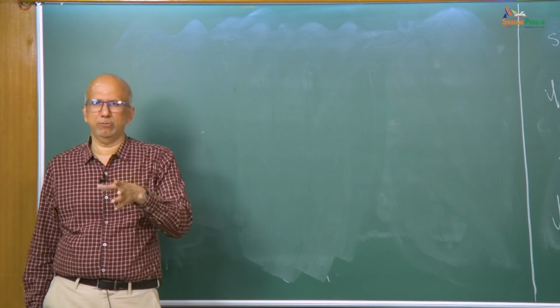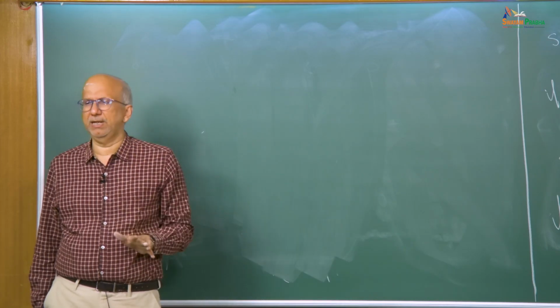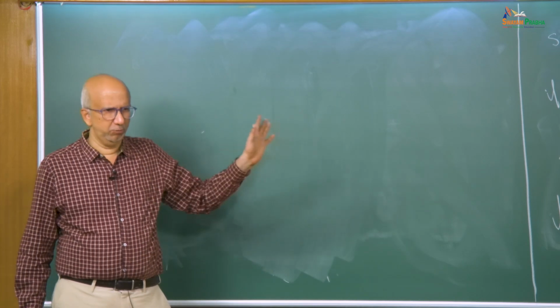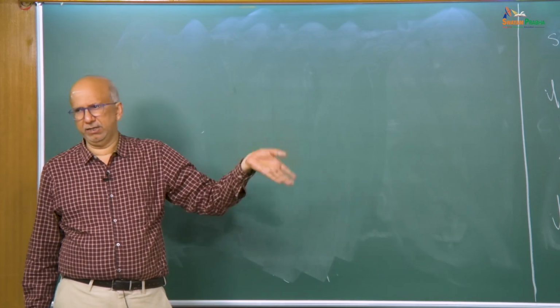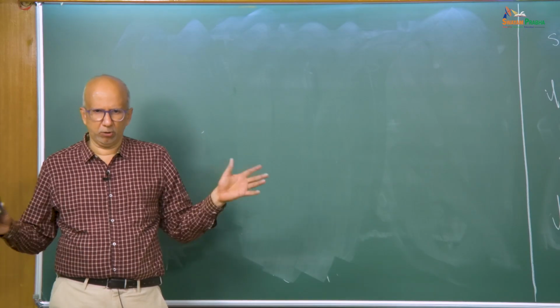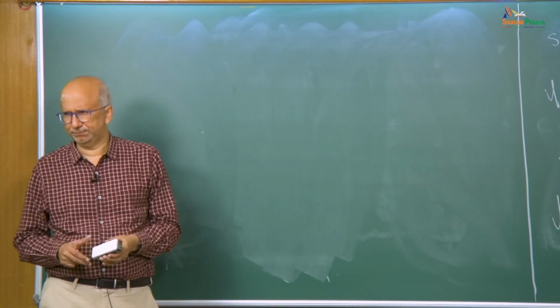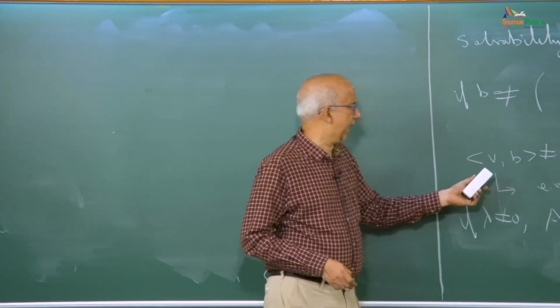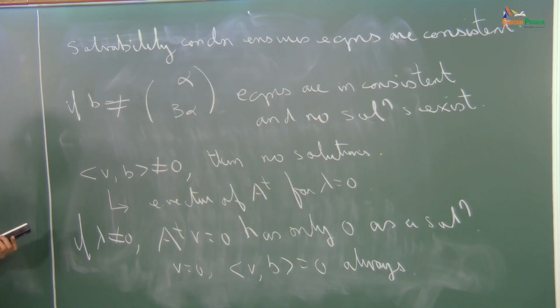I sometimes use the word rank just to make the relationship with what you have seen earlier for clarity, but we are sticking to the operator, eigenvector, eigenvalue, and trying to make these connections. All of these are related to each other. So, this is your solvability condition, and if this condition is satisfied, then you have a solution, otherwise no solution. Solvability condition ensures consistency of equations.